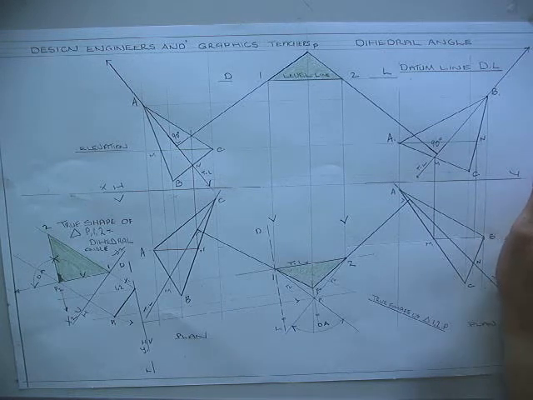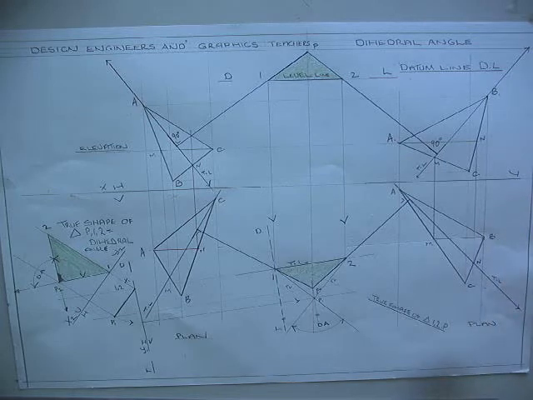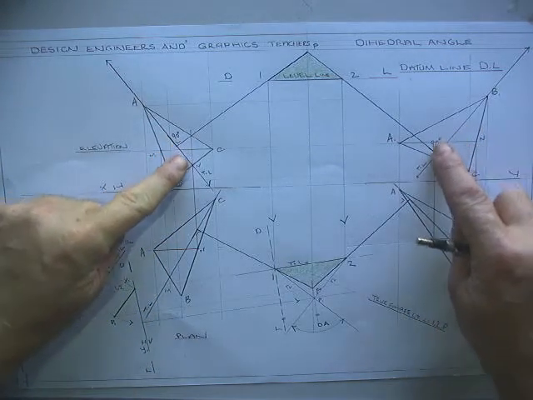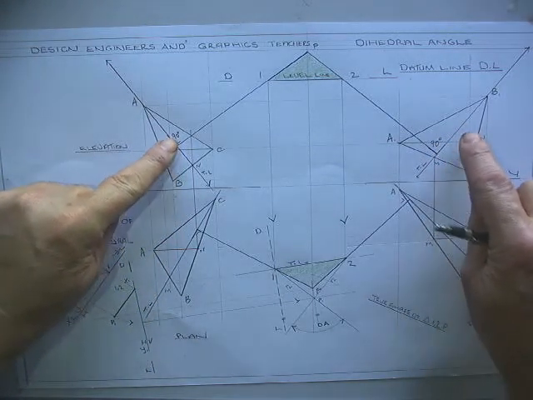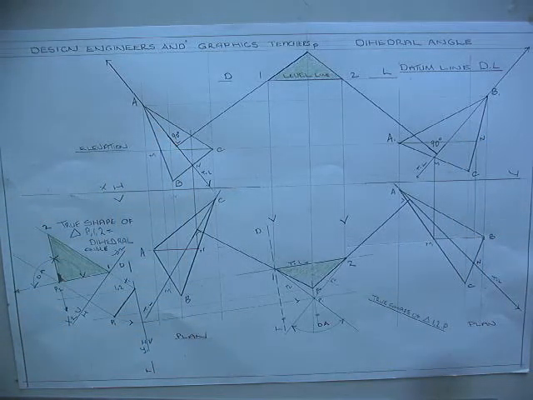If two lines, one perpendicular to one of the given planes and the other perpendicular to the other given plane, intersect at a given point, they determine a plane perpendicular to each of the two given planes. In other words, I'm going to try and create a common plane to these two here, because we said in the last example that the dihedral angle is a third plane perpendicular to two planes. Okay, so the procedure is as follows.